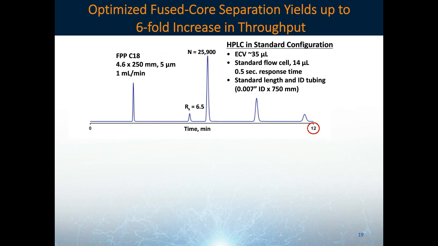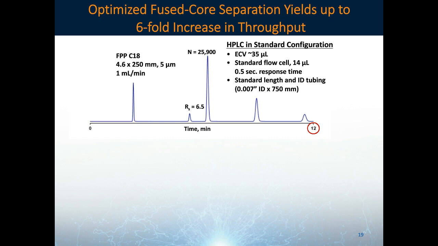Here we're showing an optimized Fused-Core separation that yields up to 6-fold increase in throughput. So this chromatogram that's shown here is run on an HPLC in standard configuration with extra column volume of approximately 35 microliters. It's using a large volume flow cell at 14 microliters and the standard response time, and then the standard length and ID of tubing.